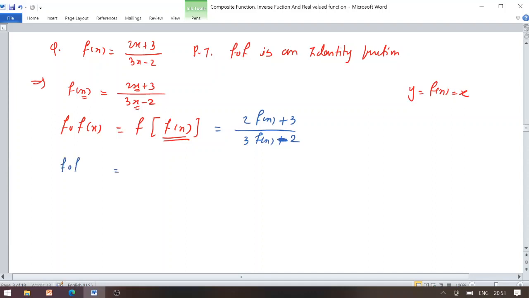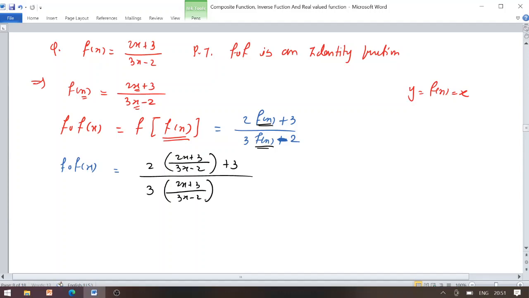Now we have to replace all f of x by their value. We have f of x equals (2x + 3) divided by (3x - 2). So on replacing we get 2 times (2x + 3)/(3x - 2) plus 3, and replace f of x in the denominator again by (2x + 3)/(3x - 2), minus 2.